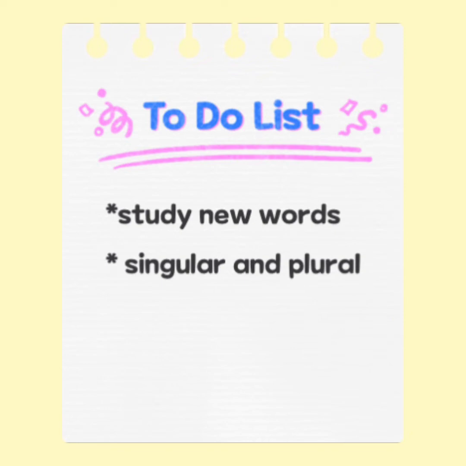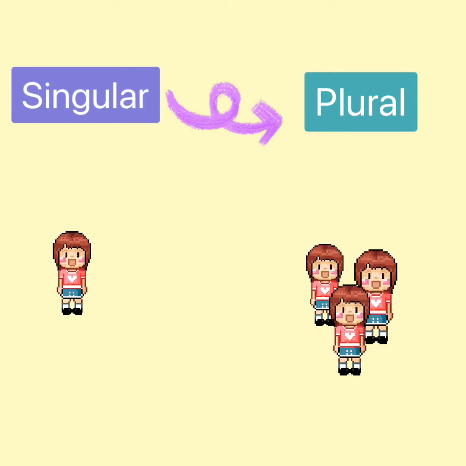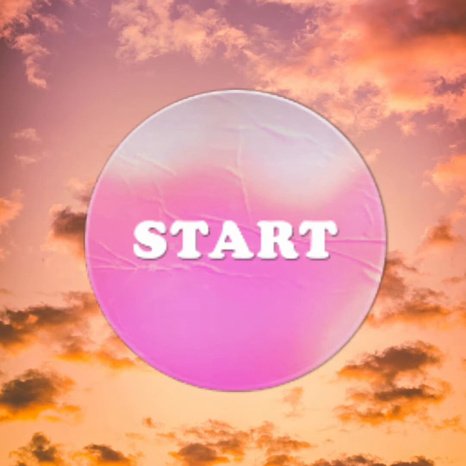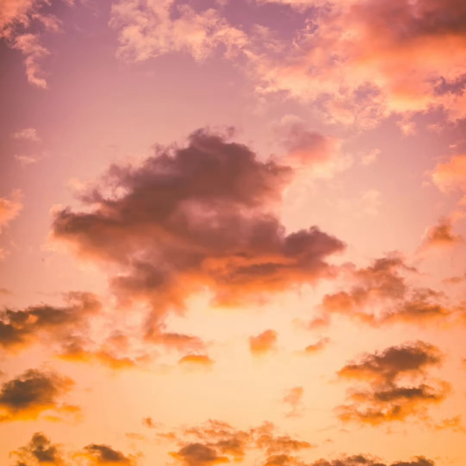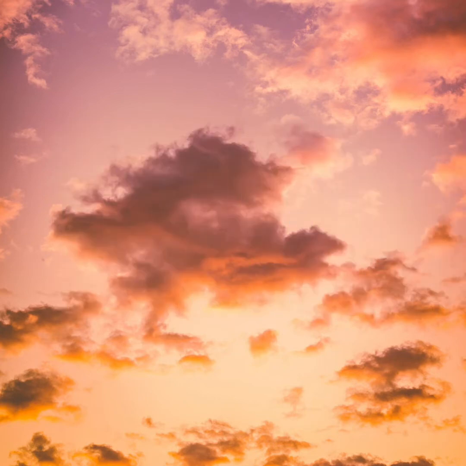So I will be teaching you new words and how to make them from singular to plural. It wouldn't be difficult, but it's good to know for a beginner. So let's begin now. Due to your limited vocabulary, I am going to teach you 6 new words. They wouldn't be difficult and very helpful.